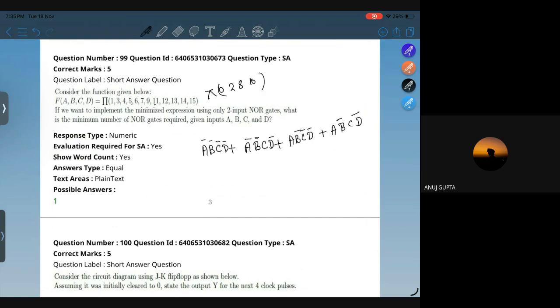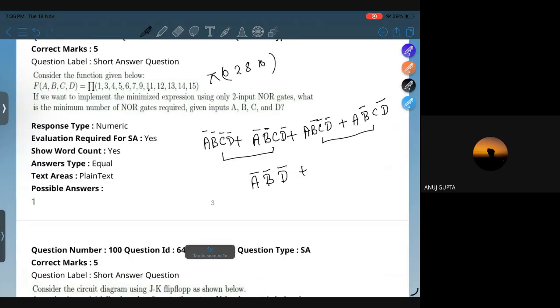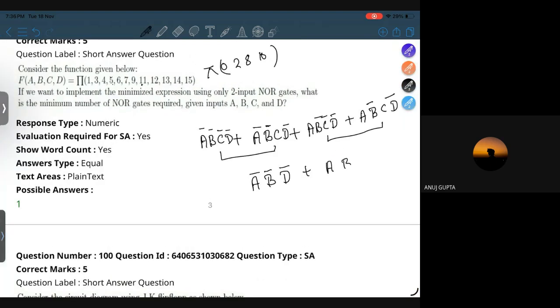So let's reduce this. From this we will get A complement B complement D complement plus A B C D complement. And from this also we can get A B complement D complement.